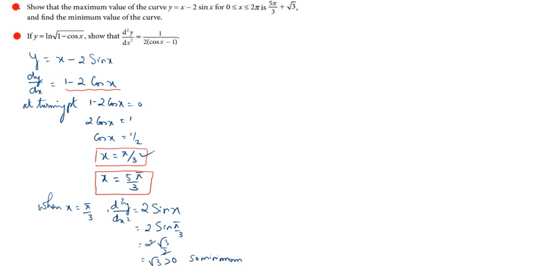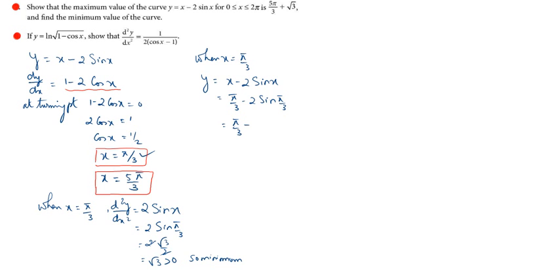Now we are going to find the y coordinate. When x is equal to pi by 3, y is equal to x minus 2 sine x, which is pi by 3 minus 2 sine pi by 3, which is pi by 3 minus 2 into root 3 by 2.